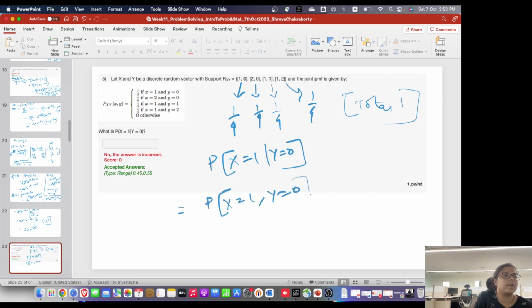Alright, so probability x equal to 1 given y equal to 0 is probability x equal to 1 and y equal to 0 by probability y equal to 0.